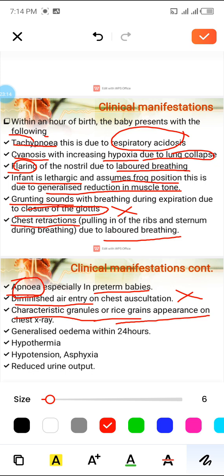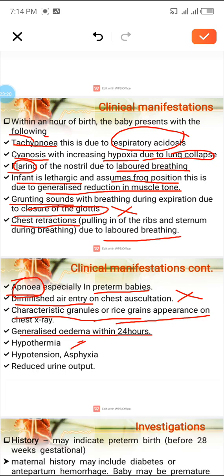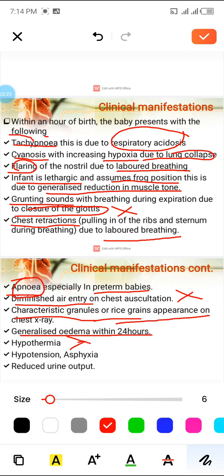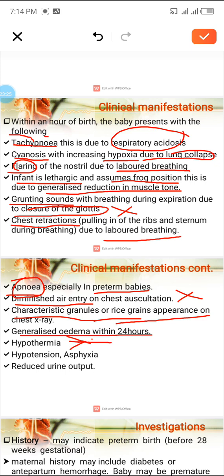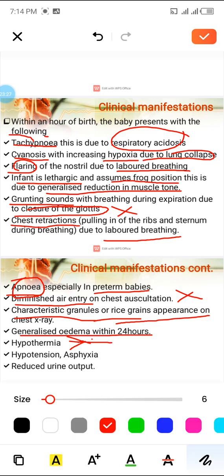Then generalized edema within 24 hours. This will come in. Then the child can go into what we call hypothermia. Some will give a rationale for hypothermia, saying that there is anaerobic respiration. That's why there is hypothermia, because the child is not producing enough energy from oxygen combining with glucose.